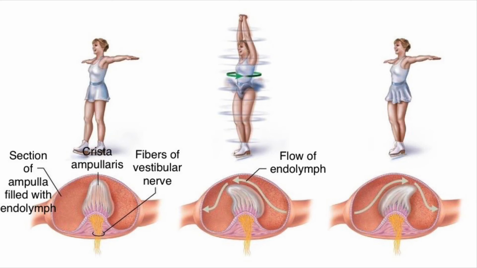And this motion is going to bend the ampullary cupula, which is in turn going to bend the cilia on the hair cells, sending action potentials down the vestibular nerves. And then these vestibular nerves are going to join the cochlear nerve, forming the vestibulocochlear nerve.